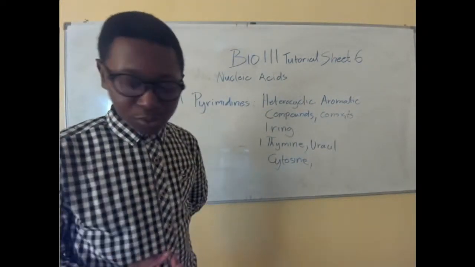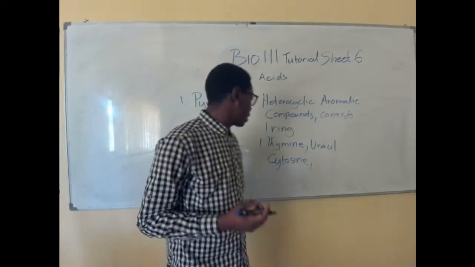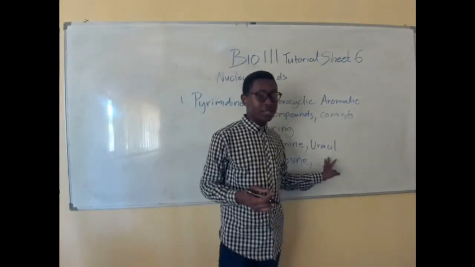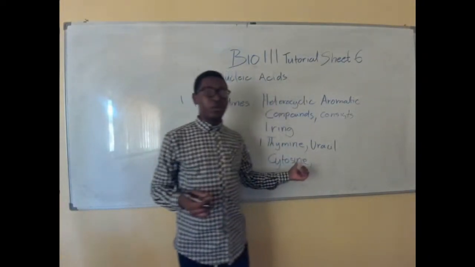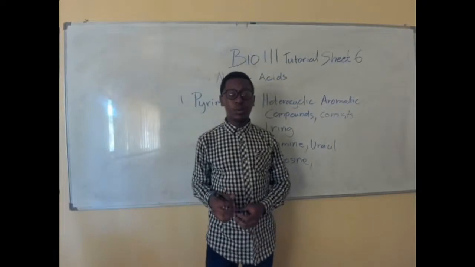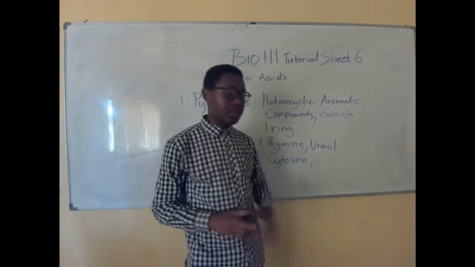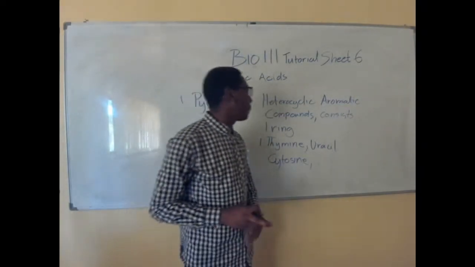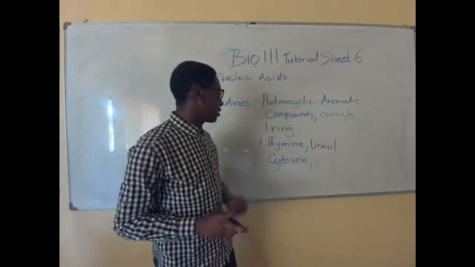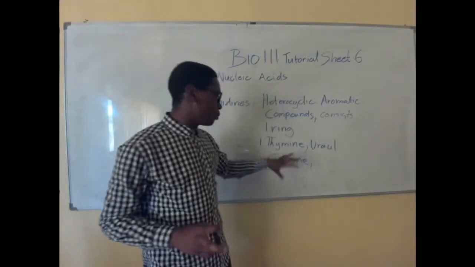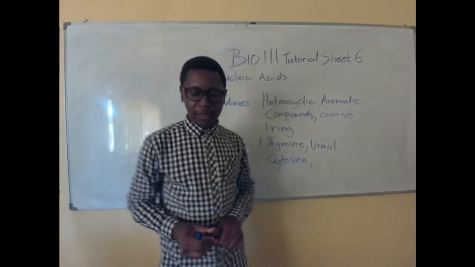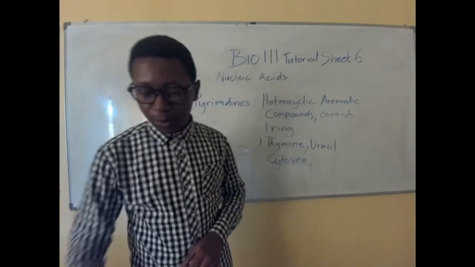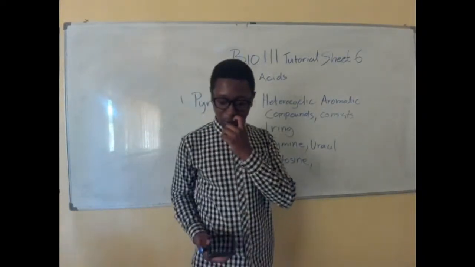Okay, yeah. So those are some of the examples. Many others exist, but I've highlighted these because they are of relevance when it comes to nucleic acids. Okay, so I believe we have answered question 2.